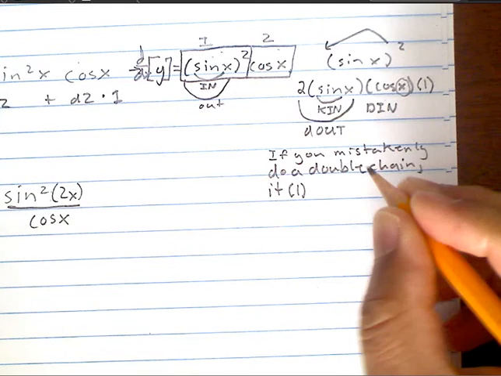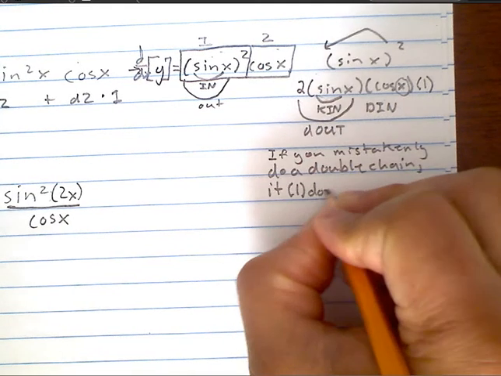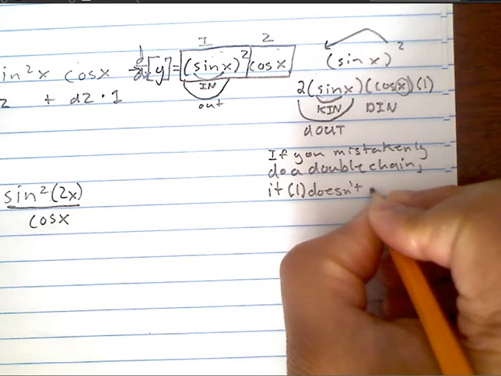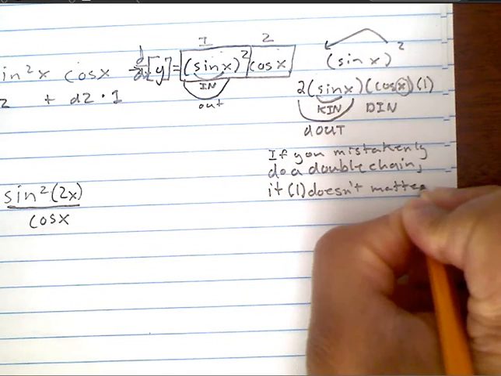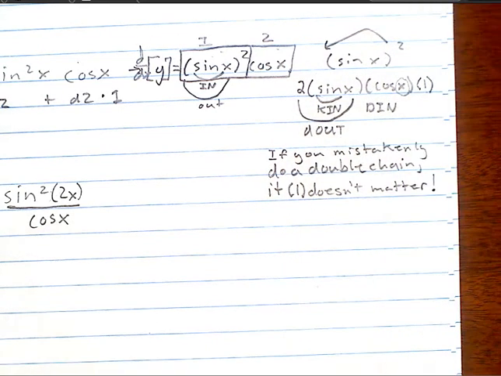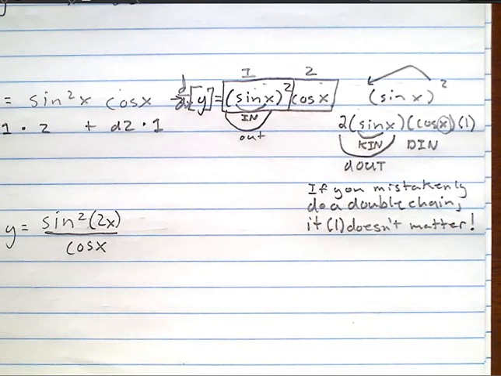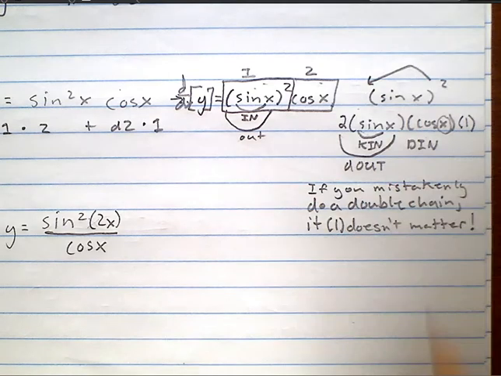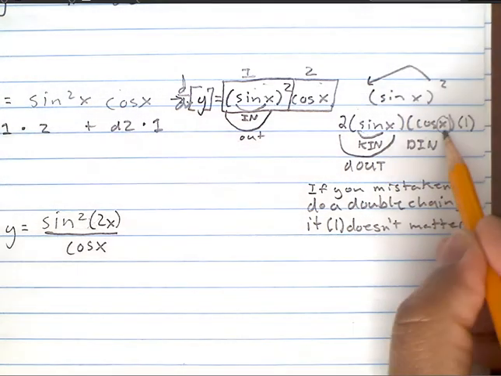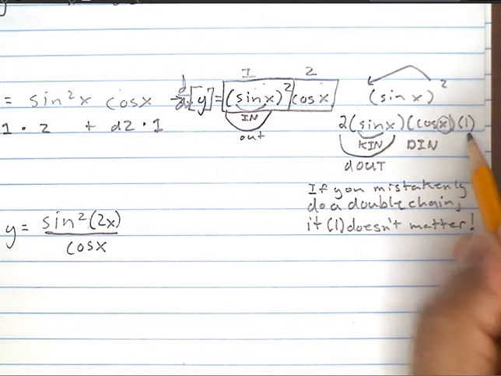No. If you mistakenly do a double chain rule, it doesn't matter, because you'll be doing the derivative of something that's x, and you'll be getting 1.